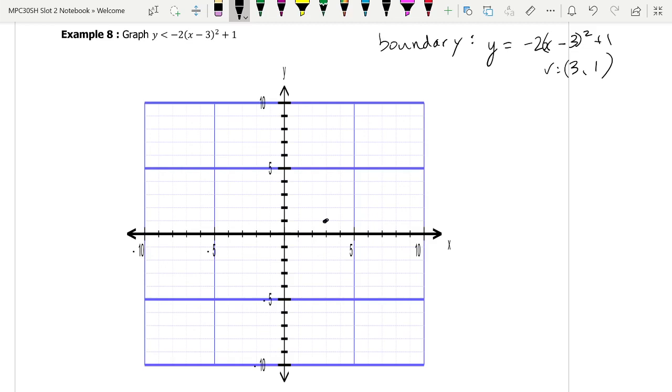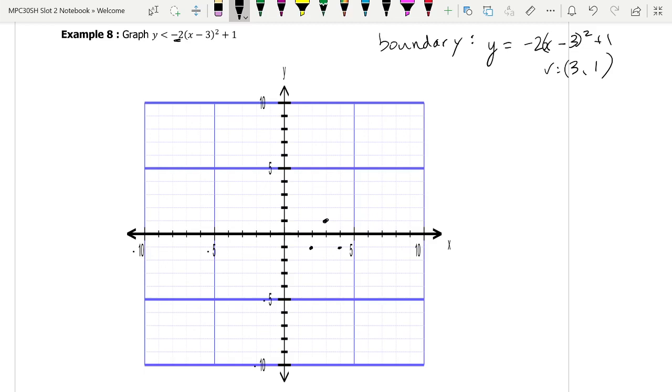Well, I can find its x-intercepts if I wanted to, or I can just count. Let's just count this one. This negative 2 means that I move over 1, and instead of the usual go down 1, if it was 1x squared, because it's 2x squared, I go down 2. So 1 over, 2 down, there's a point. 1 over, 2 down, there's another point.